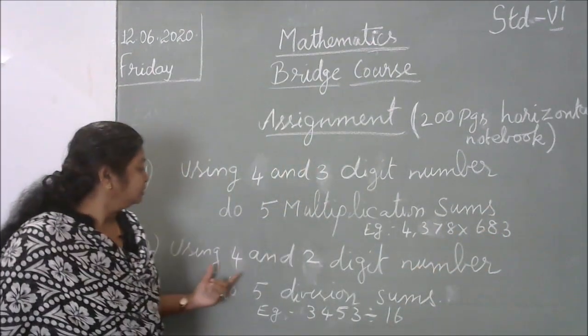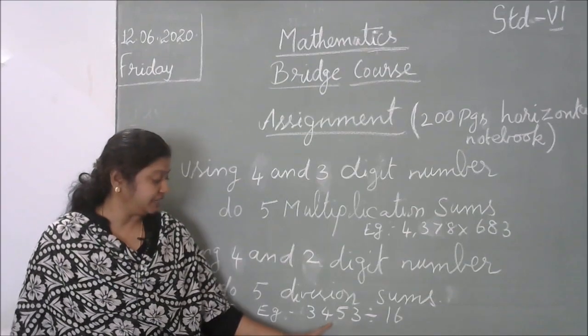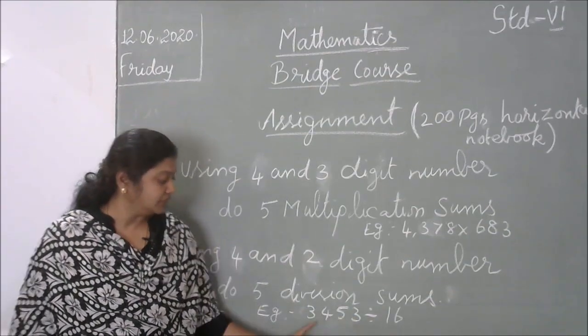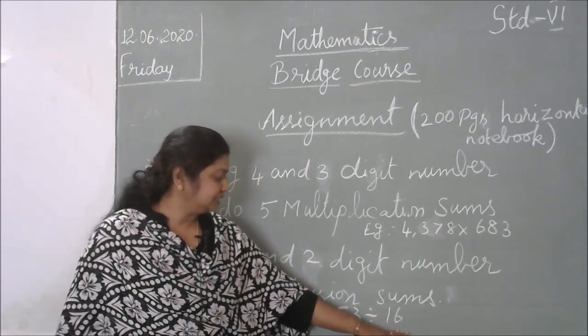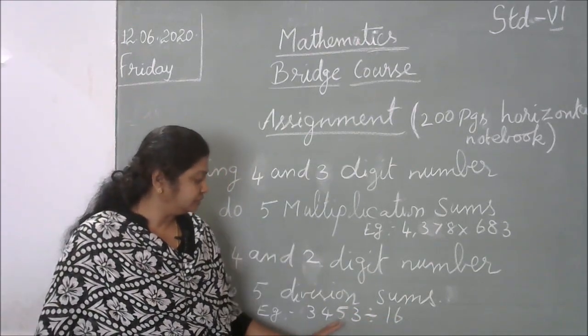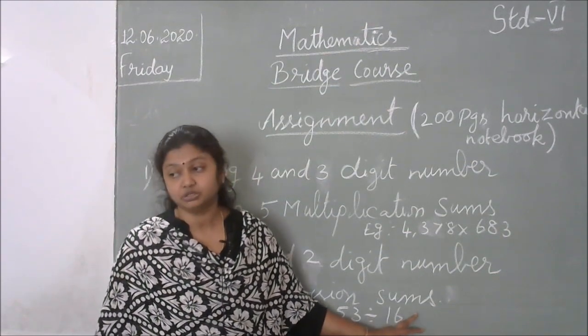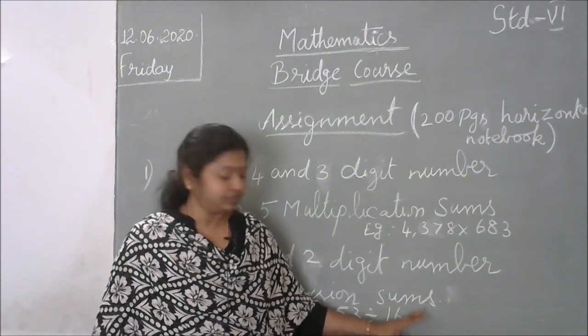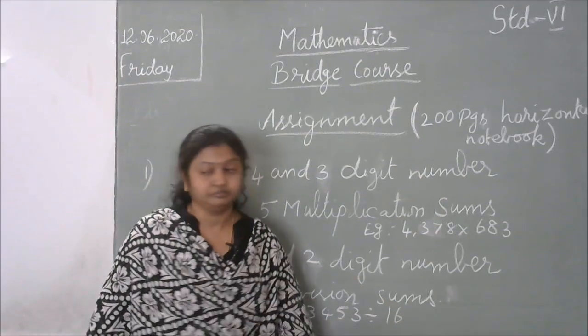And in division also you have to write 5 sums. Here I have given the example of how to take the numbers. 3400 divided by 16, and a 3 digit divisor, you have to take and do it. A 3 digit number and a 1 digit number also you have to take and do it.